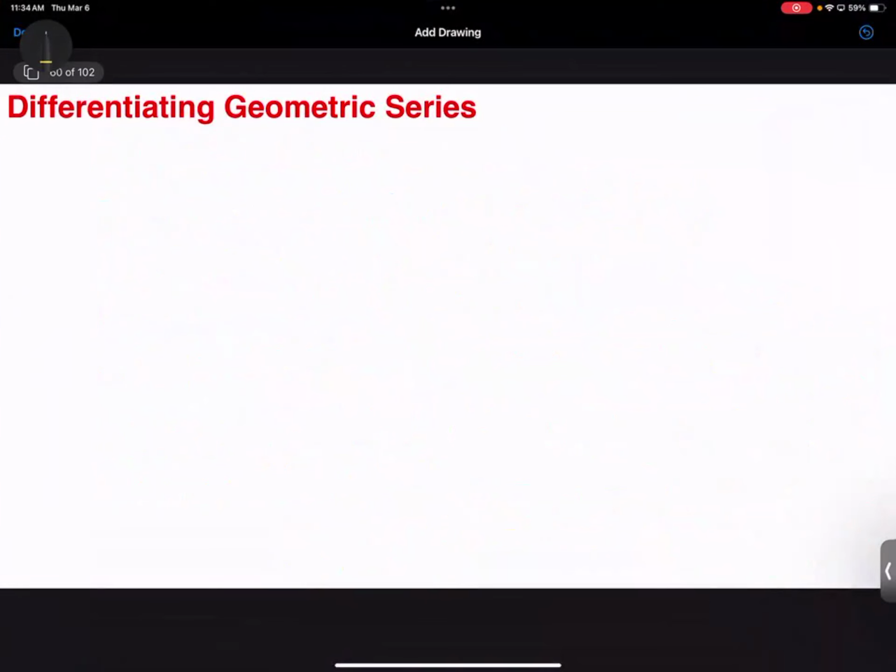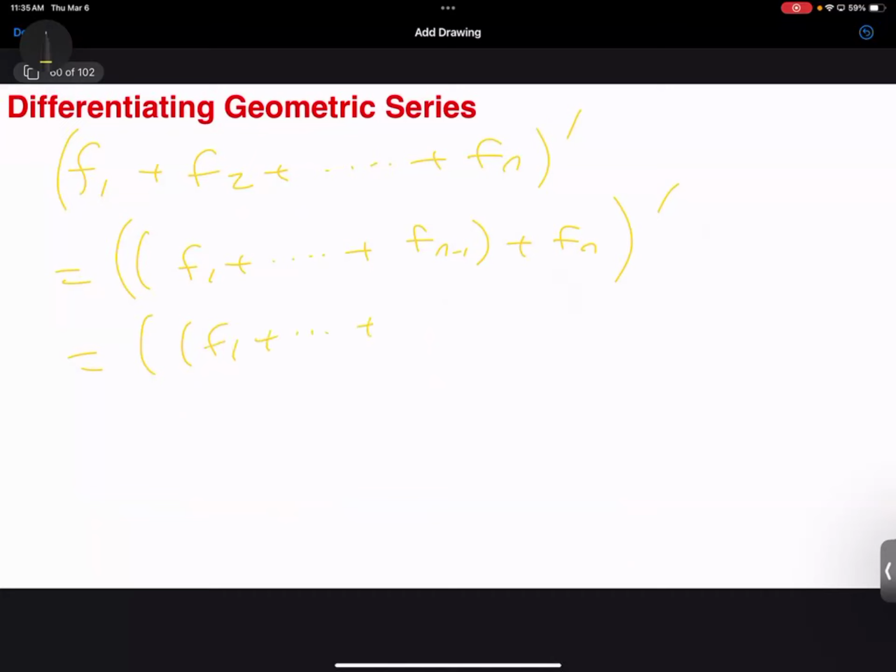And what we can really use is, if I give you f1 plus f2 plus up to fn, and we want to take the derivative, well, by induction, it's F1 plus up to F(n minus 1), plus Fn. And now we have a derivative of two things. And because it's a derivative of two things, the derivative of a sum of two things you've proven is just the sum of the two derivatives.